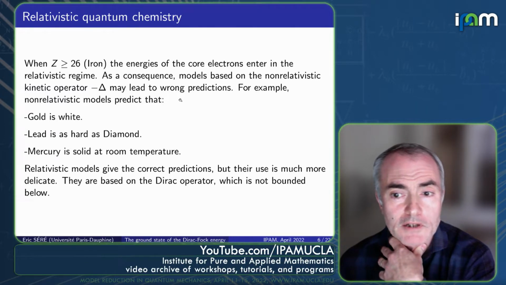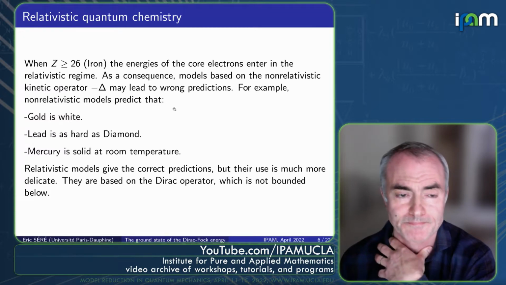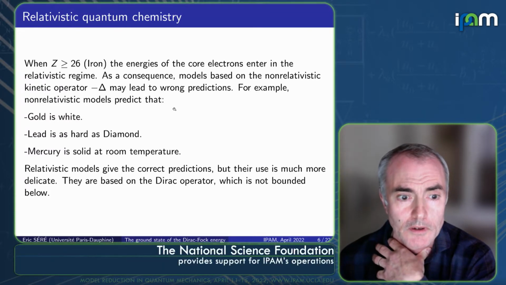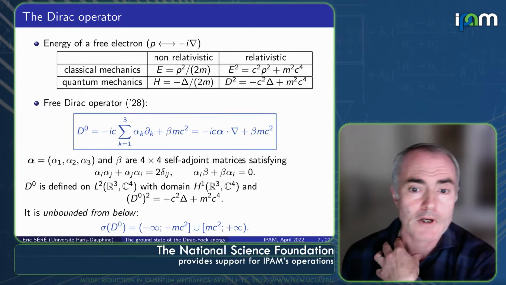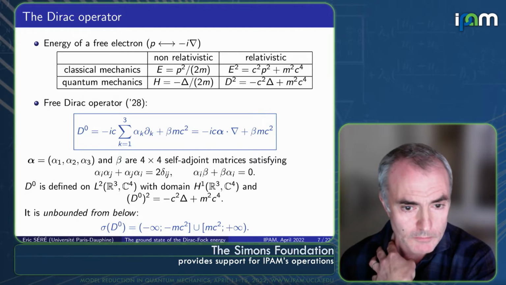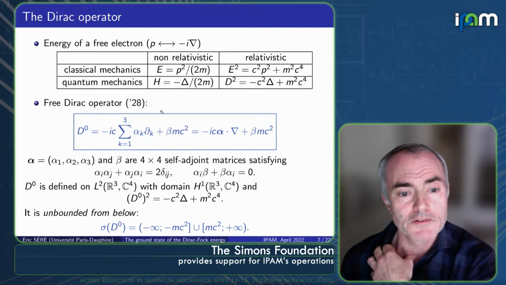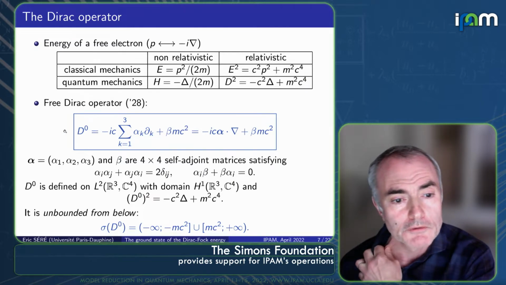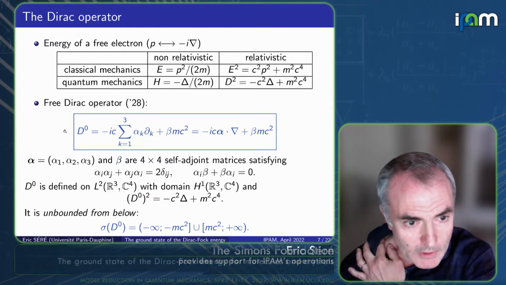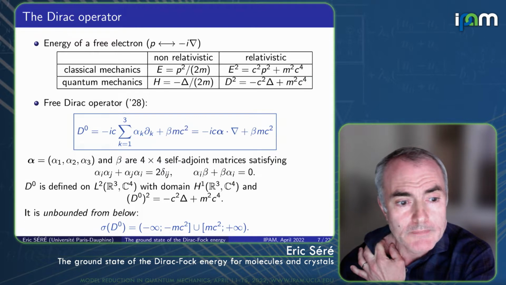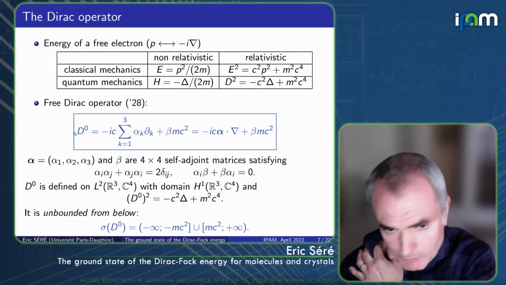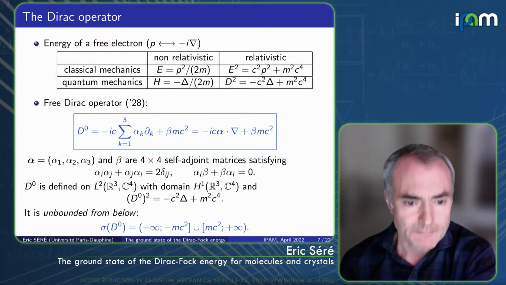Okay, because if you do that, then you get wrong predictions. So how do you go from non-relativistic to relativistic quantum mechanics? Well, you have to introduce the Dirac operator. And here I give you the definition of the free Dirac operator, so without interaction.